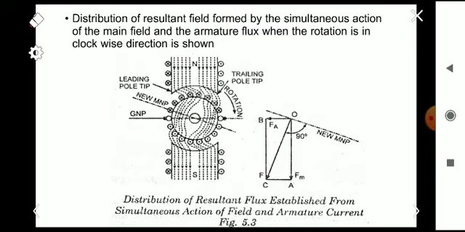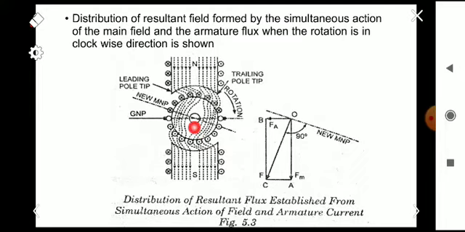If the brushes are not shifted to be along the magnetic neutral plane and are left along the geometrical neutral plane, the coils being short circuited during the commutation period, that is, the current reversal happening in the coil, would be cutting the flux, and would therefore have an EMF generated in them, causing an arc to be formed as the commutator segments move under the brushes.